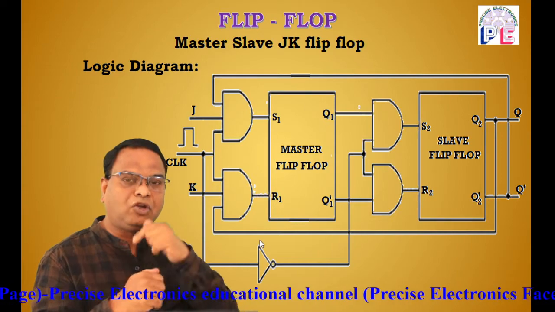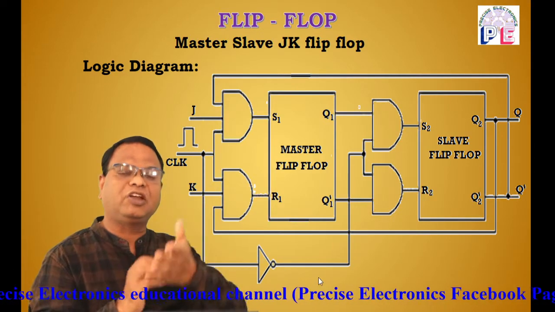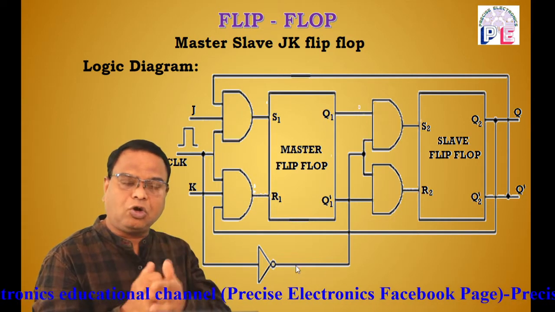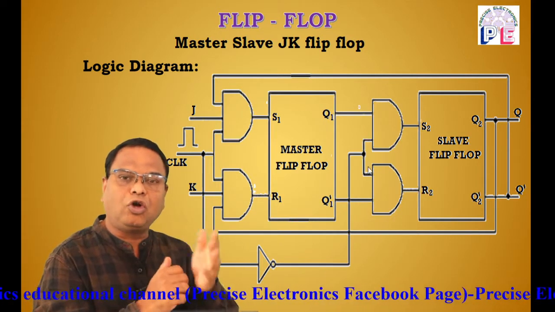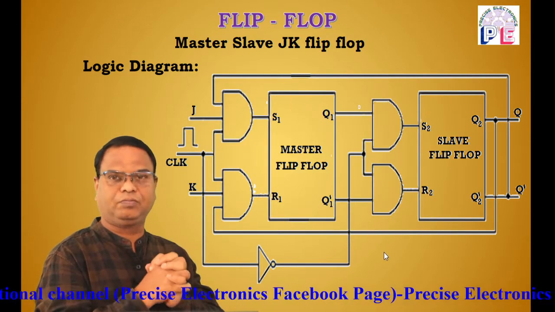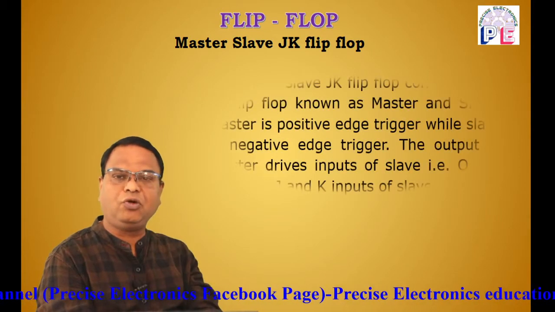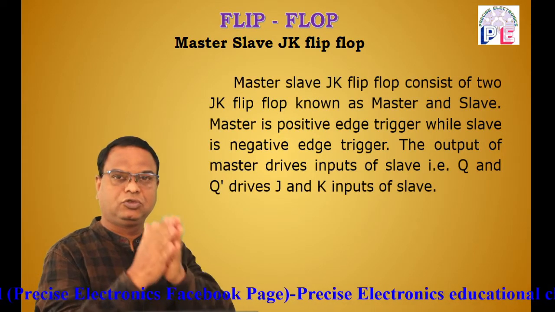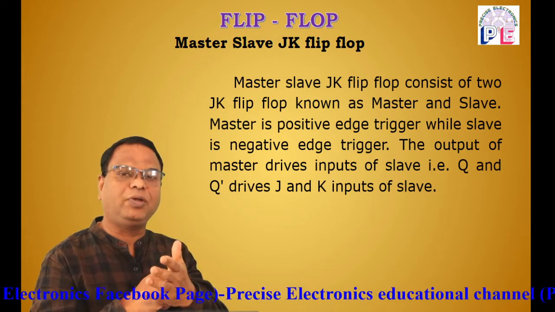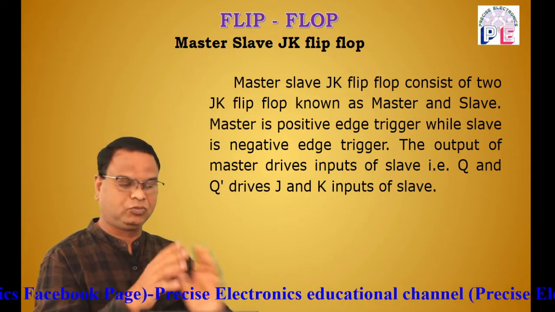So the complement of clock, that means high pulse is converted to low pulse and low pulse is converted to high pulse, is applied to the clock input terminal of the slave flip-flop. So that is the logic diagram, the constructional diagram of master slave JK flip-flop. Master flip-flop is positive edge triggered JK flip-flop, while the slave flip-flop is negative edge triggered JK flip-flop.